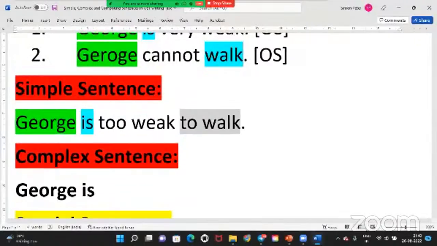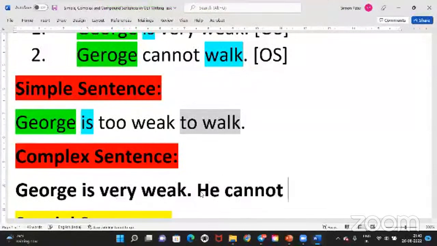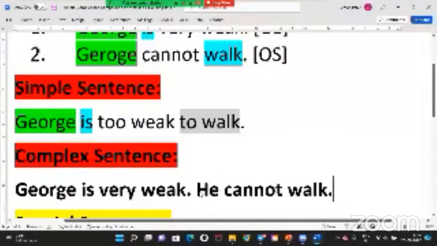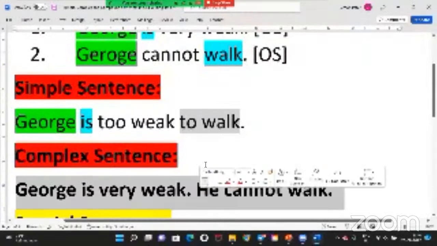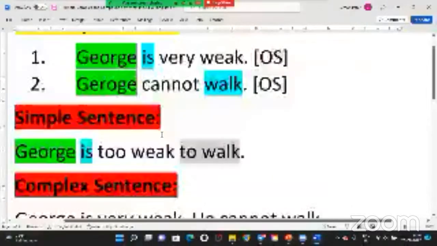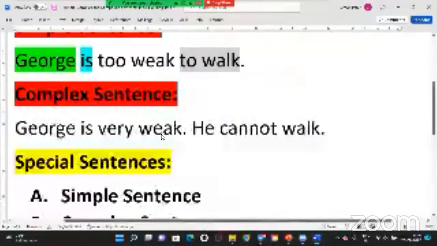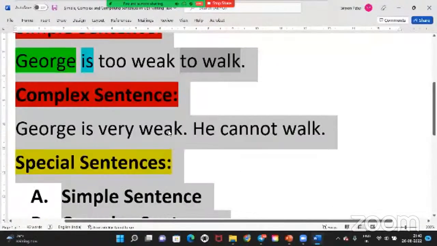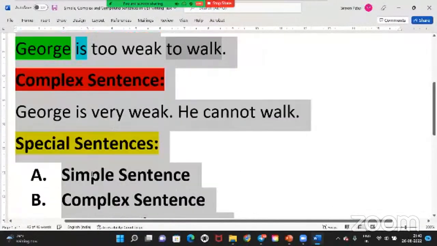Full stop. He cannot walk. So, these are two sentences. Now you are joining these two sentences.